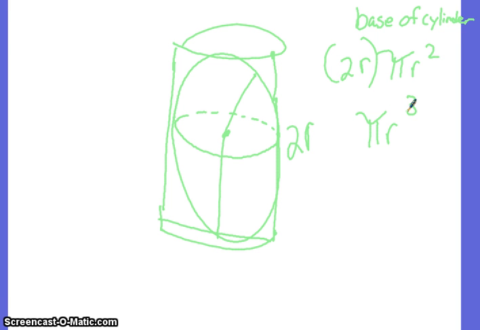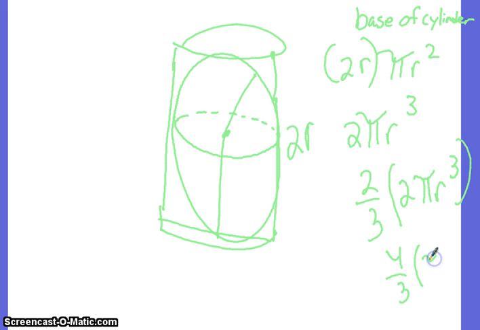So 2/3 times 2 pi r to the third is 4/3 times pi r to the third, or basically 4/3 pi r to the third power. Basically, all that means is that's the formula for finding the volume of a sphere and why that's what it is.